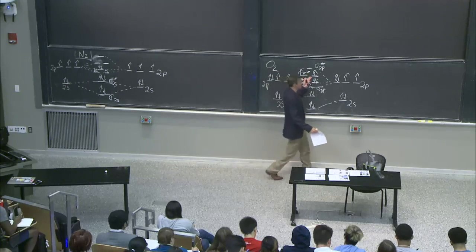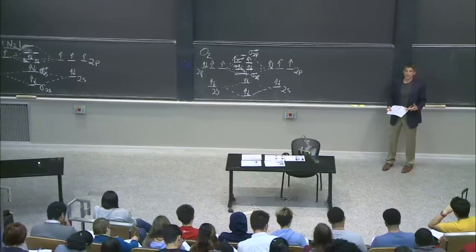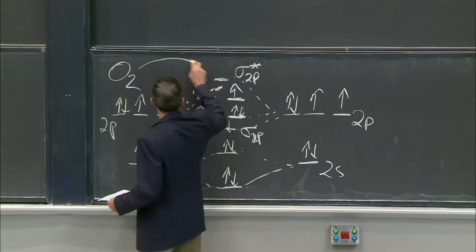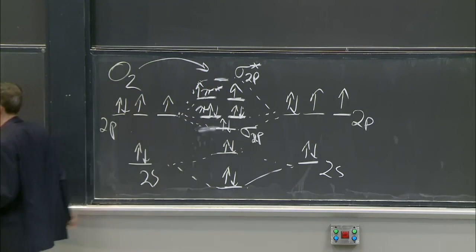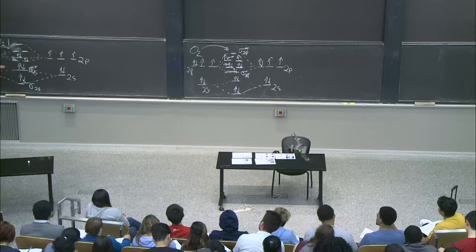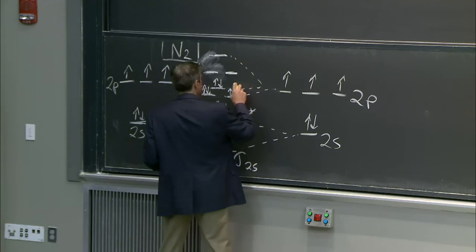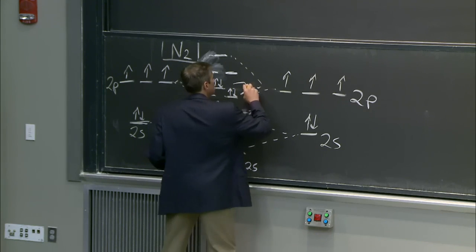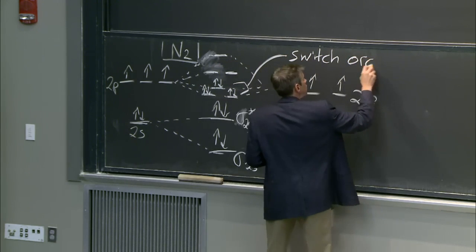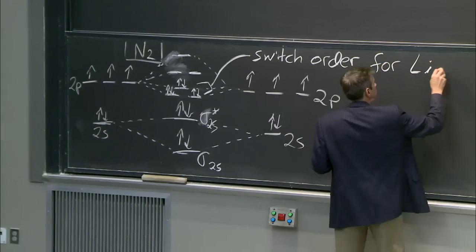Oxygen has unpaired electrons, which means it's paramagnetic. It has unpaired electrons, the O2 dimer. These are the MOs of O2. These are the MOs of N2. N2 doesn't have any unpaired electrons, so it's not paramagnetic. But the thing that we left off on is that these two switch order for those dimers, for lithium through nitrogen.